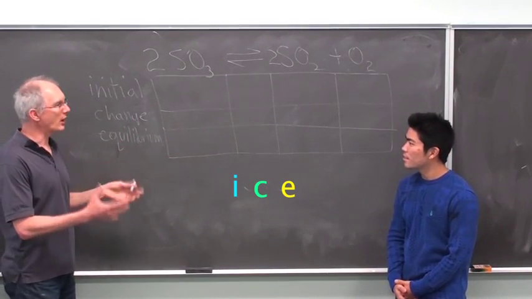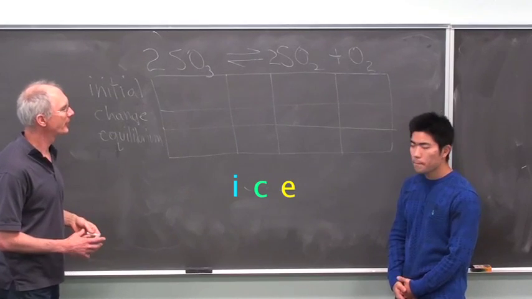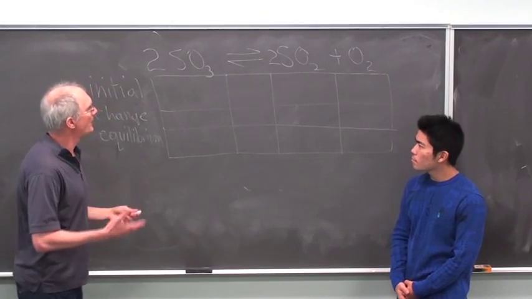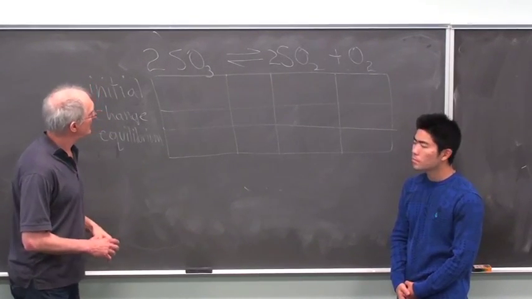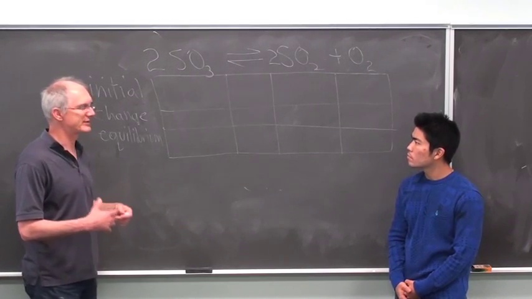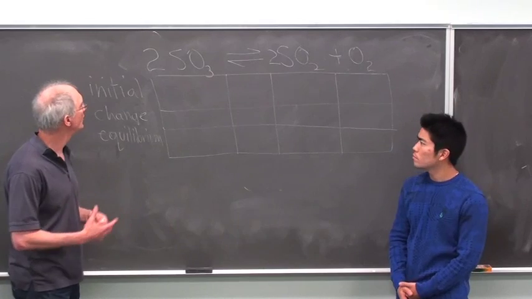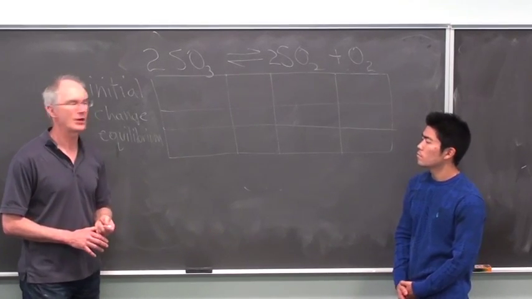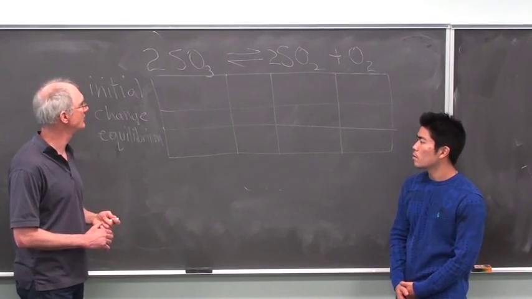This is going to help us organize the information for these problems. So, for example, I could say we put into a flask 0.0200 moles per liter of SO3, or molarity SO3.